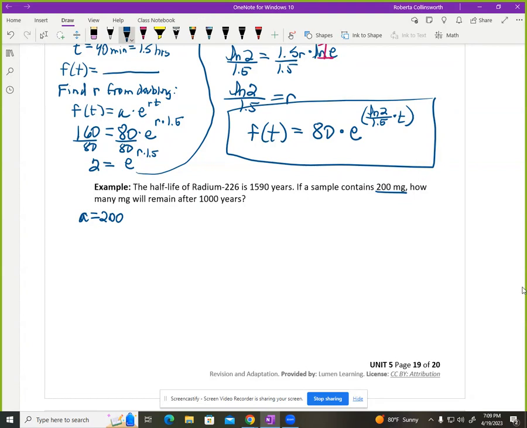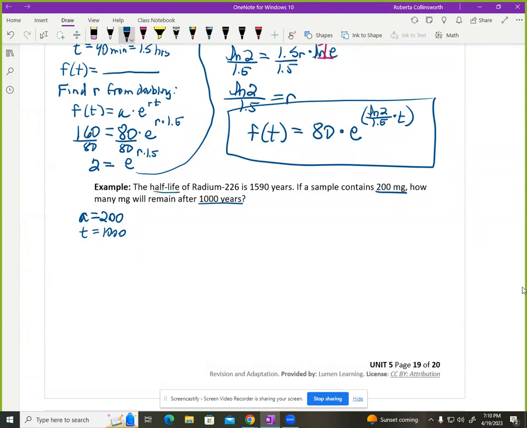And what else do I have? I know that my time is going to be 1,000 years because we want to know after 1,000 years how much is left. So we're going to say the time is 1,000.